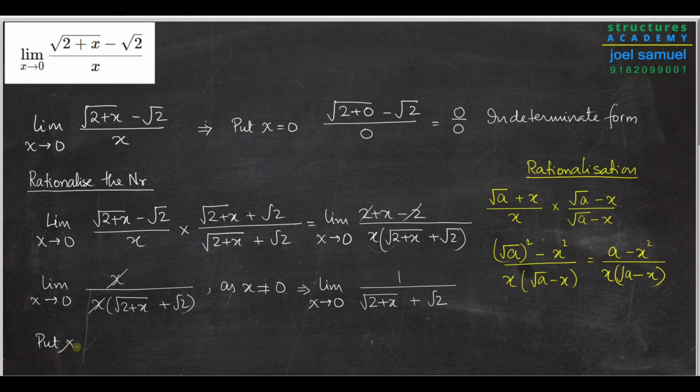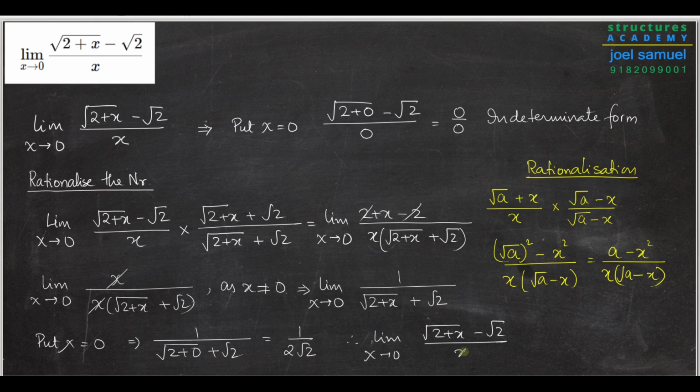So 1 divided by (square root of 2 plus 0 plus root 2), which is 1 by (root 2 plus root 2), which is 1 by 2 root 2. Therefore, we report the final answer: the limit as x approaches 0 of (square root of 2 plus x minus root 2) divided by x is equal to 1 by 2 root 2, and that is the final answer.